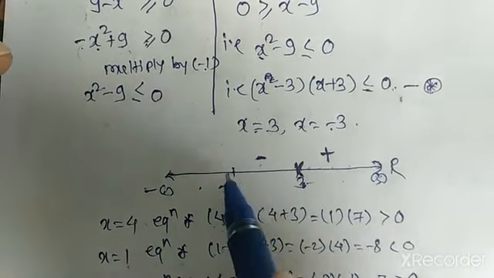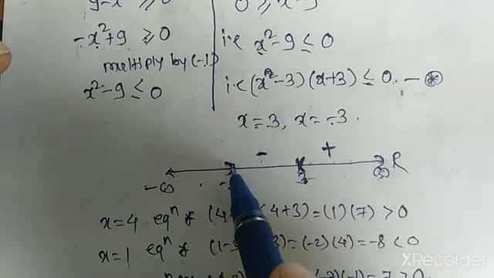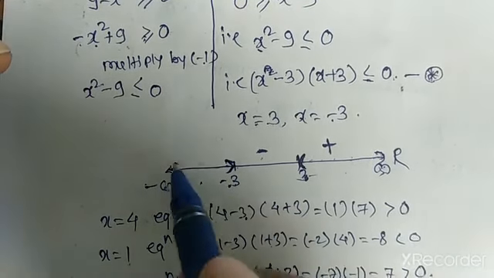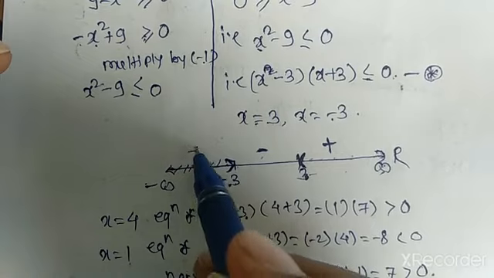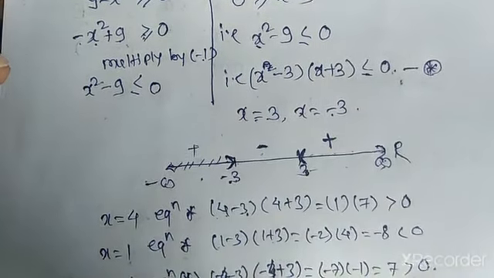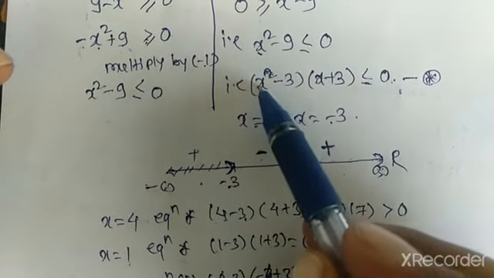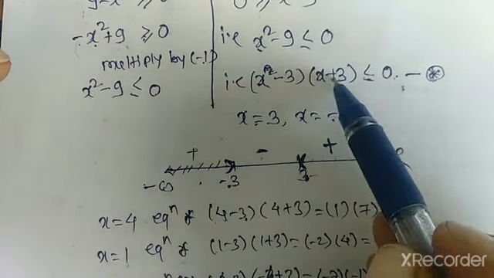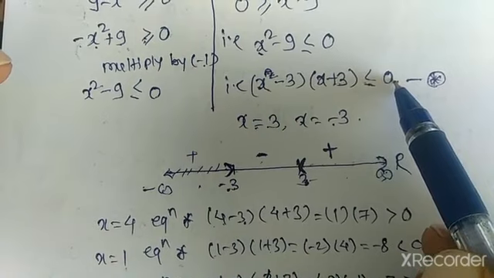That is, in the interval to the left side of minus 3, it is again positive. Our function is positive there. Now we have to find the domain values such that they satisfy the condition (x minus 3) into (x plus 3) is less than or equal to 0.